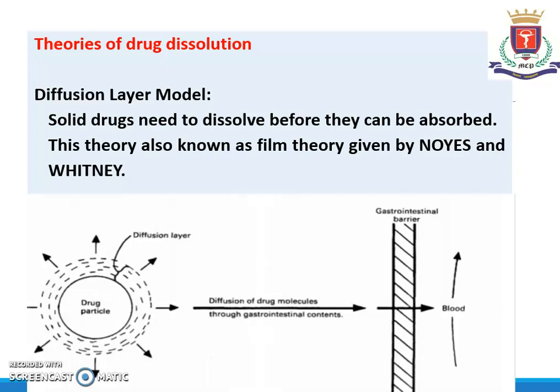It will get entered into the blood, and it is explained by Noyes and Whitney. The important parameter in this diffusion layer model is the concentration gradient, that is the difference in the concentration of drug in the diffusion layer and in the next compartment, that is blood.